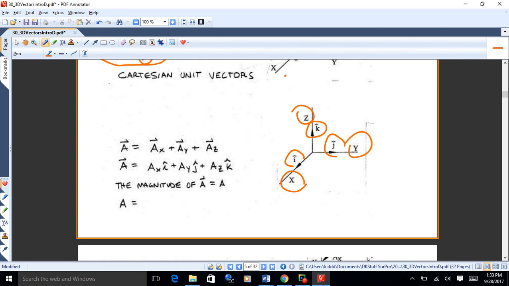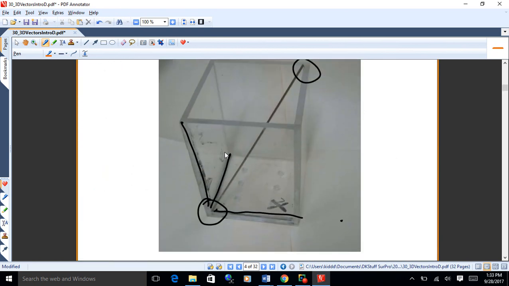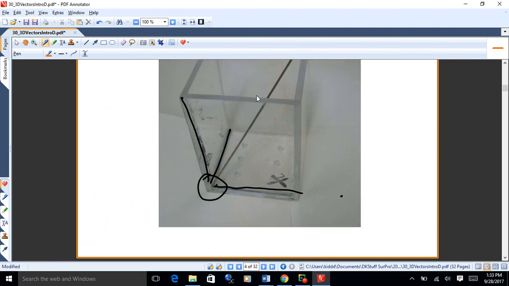All right. Now, some of this is just notational stuff, but it's kind of necessary to organize this 3D stuff. It's a lot harder to visualize than the 2D stuff. So if I have vector A, that has its three components, A_x, A_y, and A_z. And I was just showing you that picture there. A_x, A_y, and A_z are the three sides of the box. You add those three sides together, you get the total vector, okay?